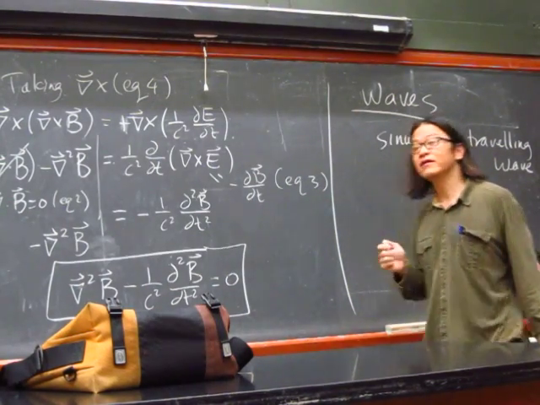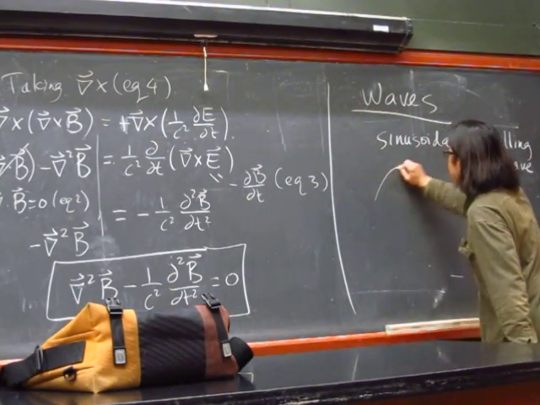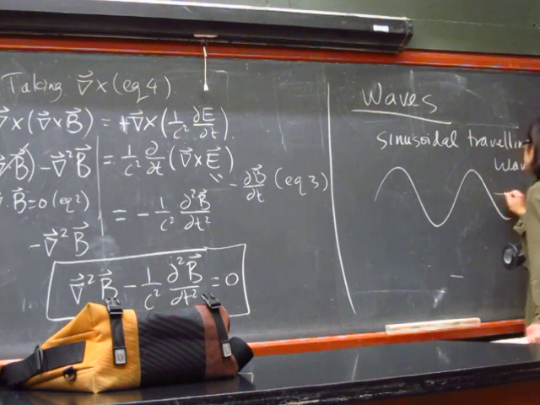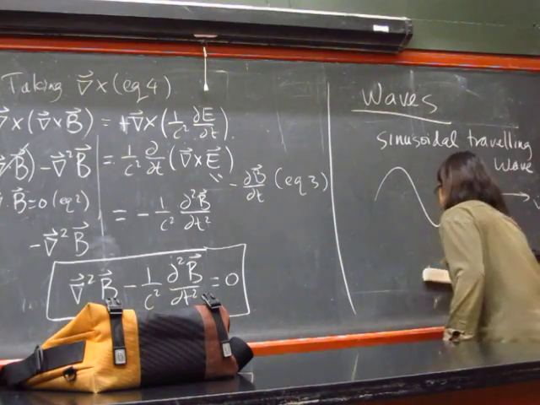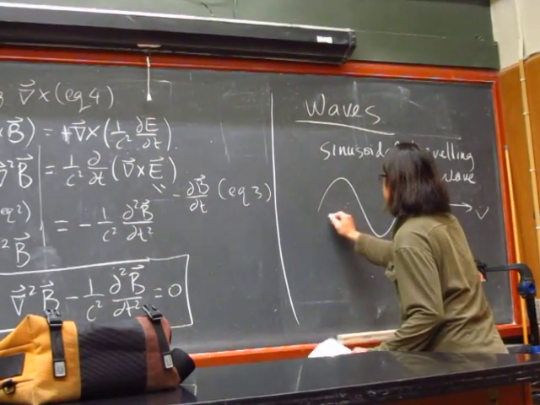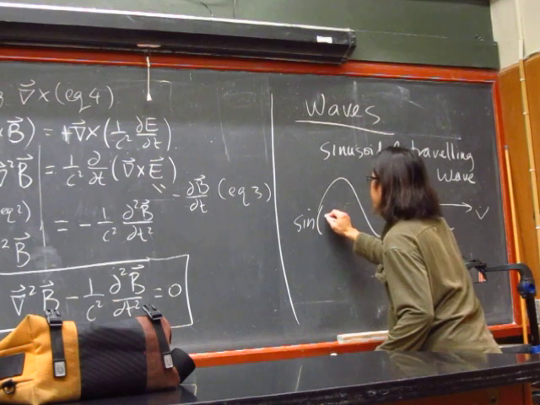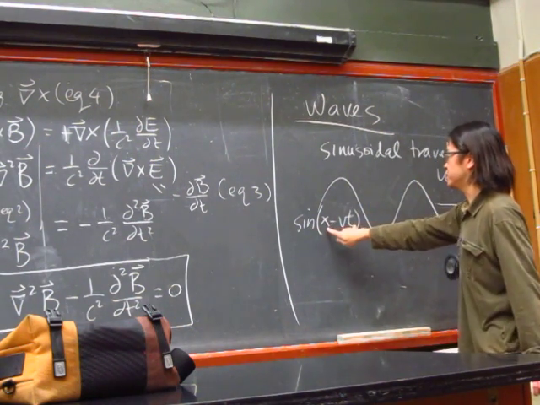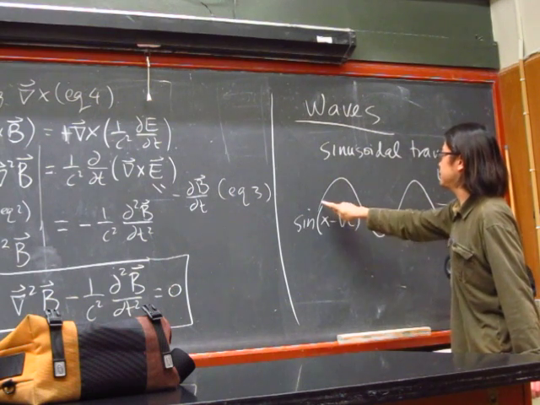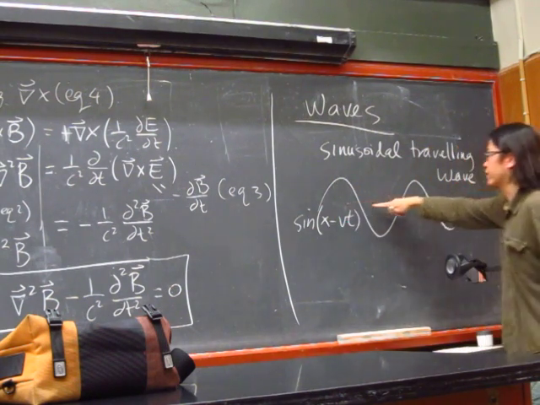A little bit. So you have a solution, a sine wave like that, that's traveling with some velocity in that direction. This is what I want to consider now. So let's write, this is actually sine of x minus vt. As you change x and t, you see that this whole pattern travels to the right.